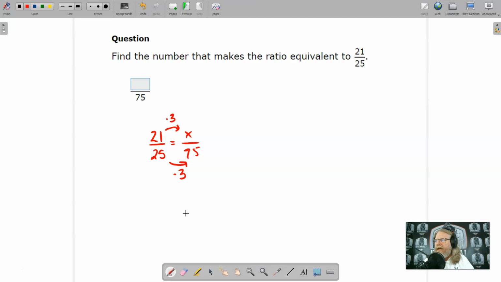Well, in this case, here's my mental math, 20 times 3 is going to equal 60, and 1 times 3 is going to equal 3. So therefore, 21 times 3 must equal 63. I'm adding these two together, knowing that I'm multiplying by 3, so x is going to give me 63.